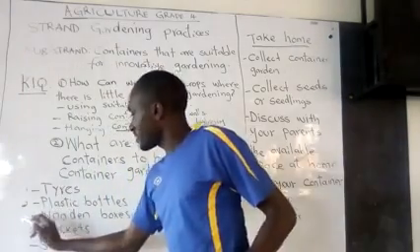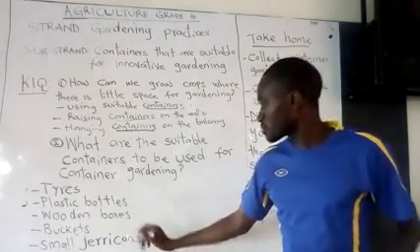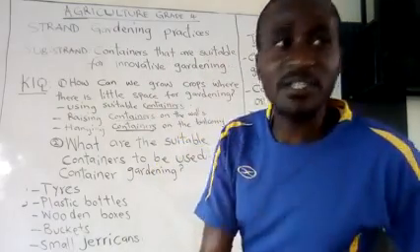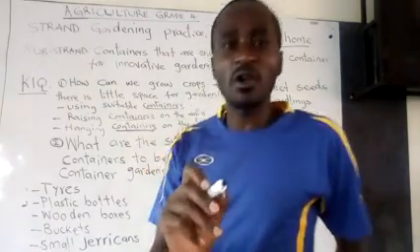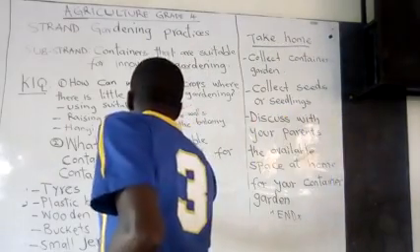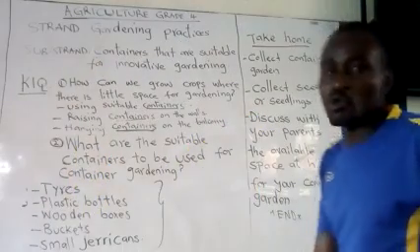Number 3. Wooden bottles. Number 4. Buckets. Number 5. Small jerrycans. All these are locally available.